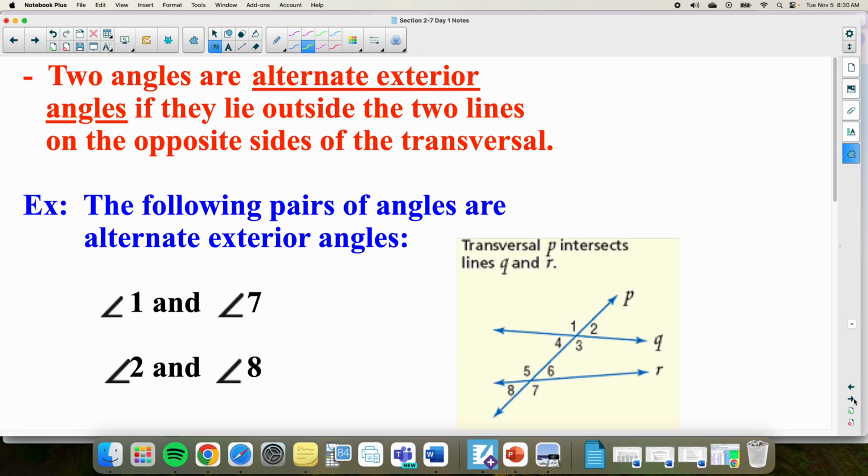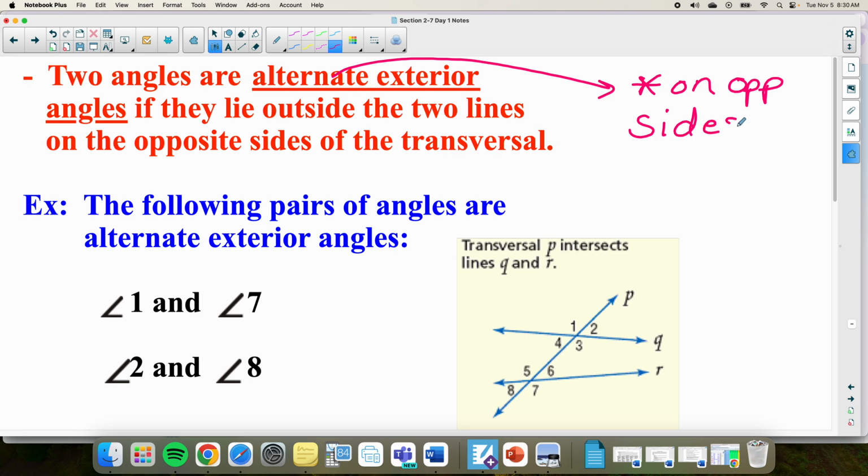Now there's also alternate exterior. And so when we do this, again, alternate means on opposite sides of the transversal. And if you wrote this, you don't really have to write it again, but on opposite sides of transversal. And how these are different is these are exterior.